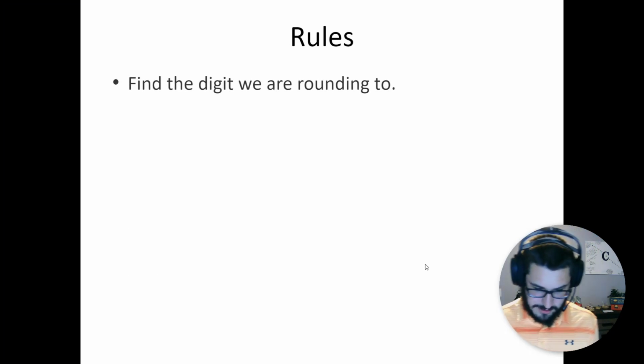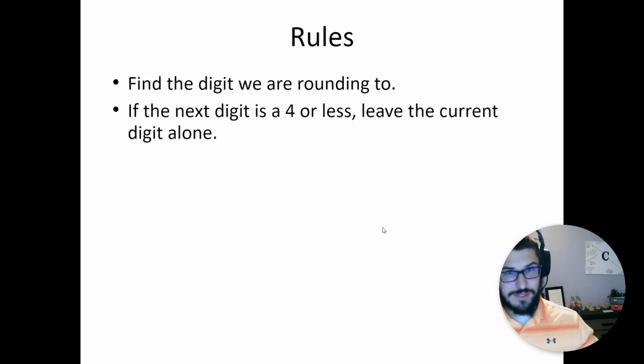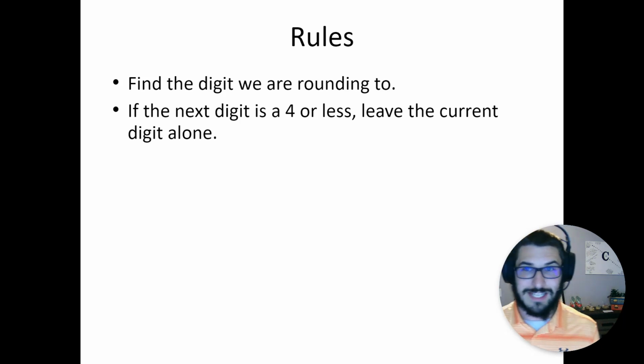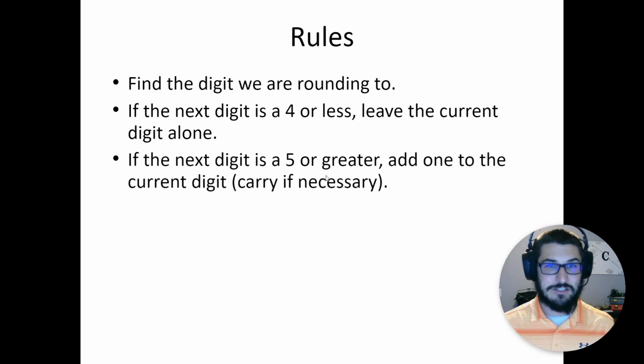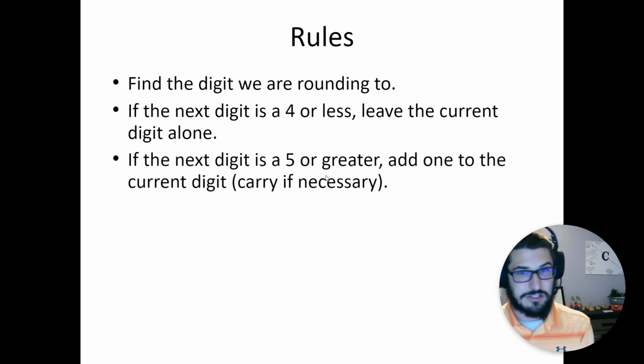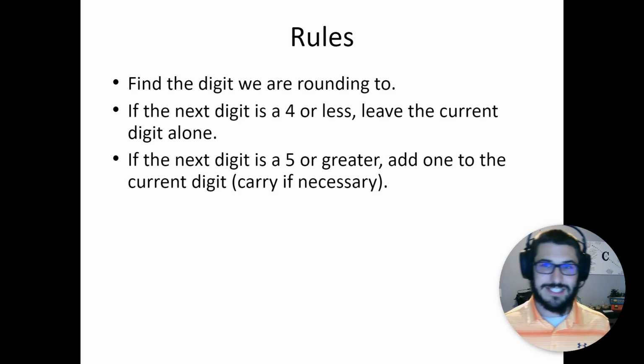So the rules here are going to be, 1, find the digit you're needing to round to. Once you do that, if the next digit after it is a 4 or less, leave the current digit alone. That's where I say it rounds down. If the next digit after the one you want to round is 5 or greater, then you're going to round it up.